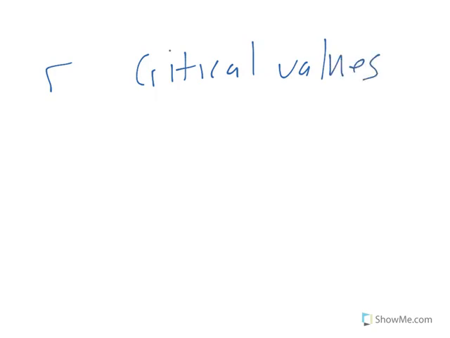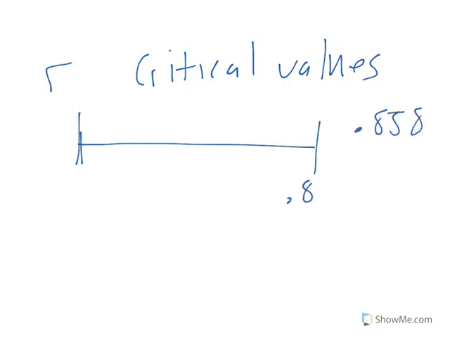So basically, once you have a critical value, I can draw a left and right limit. So say our critical value is 0.858. So I can label this 0.858. I label this negative 0.858.